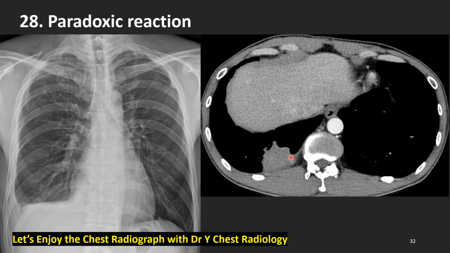In this case, the general conditions and findings are getting better, so please do not stop medicine. Just go on medicine of treatment of tuberculosis. Then he or she will get better soon. This is paradoxic reaction. This was confirmed after biopsy as a tuberculous lesion.